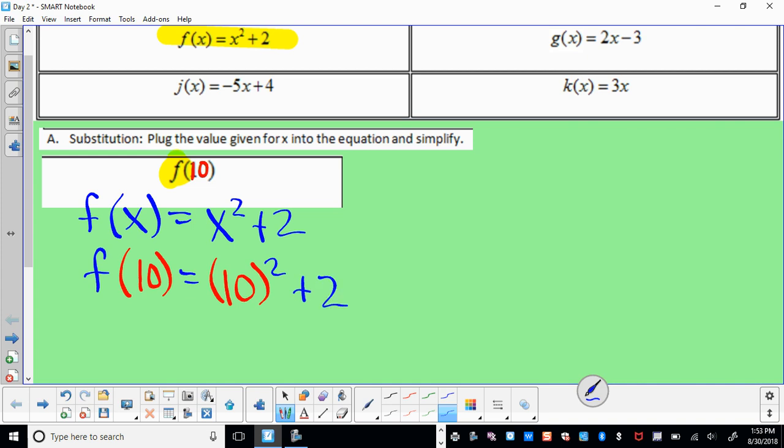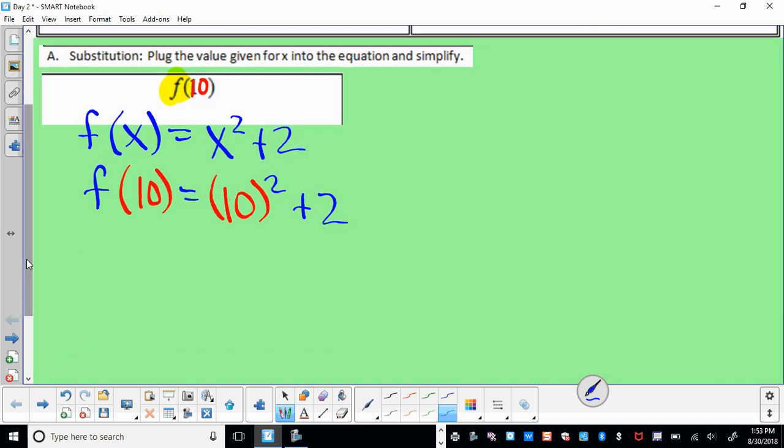I always put whatever I'm plugging in into parentheses. That's a biggie. All right, in your calculators, type in what's 10 squared plus 2. What'd you say? 102. And that's my answer.